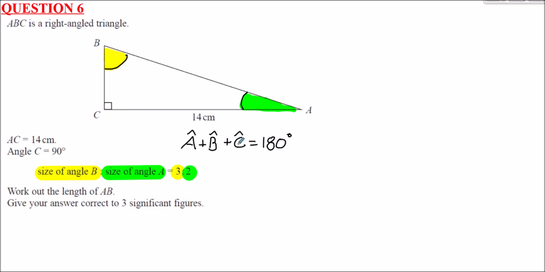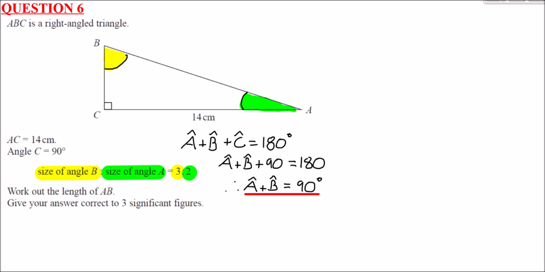However, angle C is 90. So A plus B plus 90 equals 180. So therefore, although we don't know what A and B is yet, we do know that if we take 90 degrees from both sides of the equation, A plus B must add up to 90 degrees. And this is our way in to solving this question, essentially. A plus B is 90.